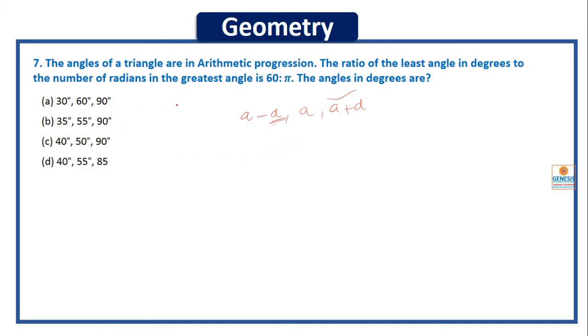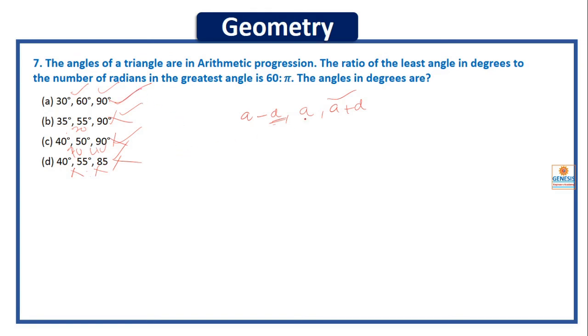I can also solve this by elimination. The options differ by 30, and the others are not in arithmetic progression. By elimination process also you can find out.